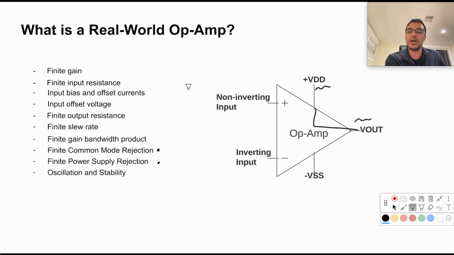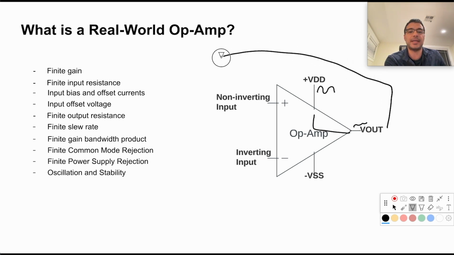Because of all of these things, especially the finite bandwidth and the fact that it can have inputs that receive bad feedback from the outputs because of bad common mode rejection or bad power supply rejection, an op amp can get into a condition where it oscillates. As an example, if you have some signal or noise on the power supply, and it gets coupled into the output, even if it's really small, and the output is connected back into the inverting input through a resistor, because it's in the negative feedback configuration, you're still going to have some amount of noisy signal here.